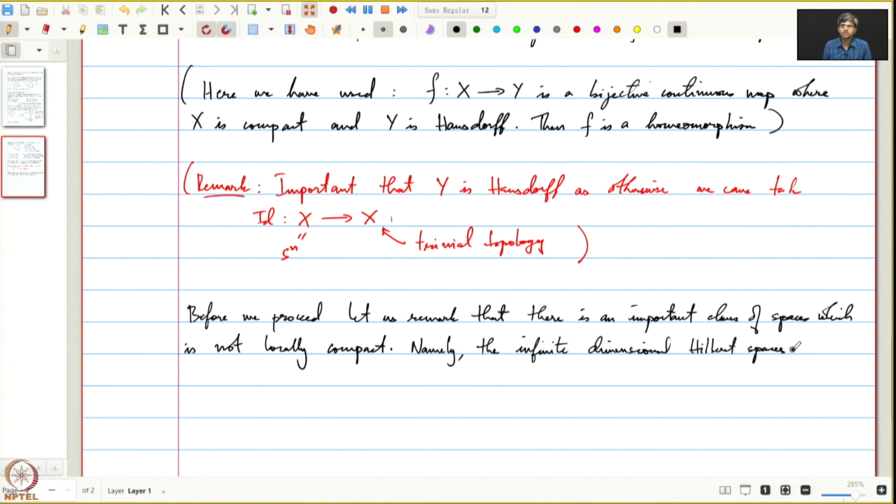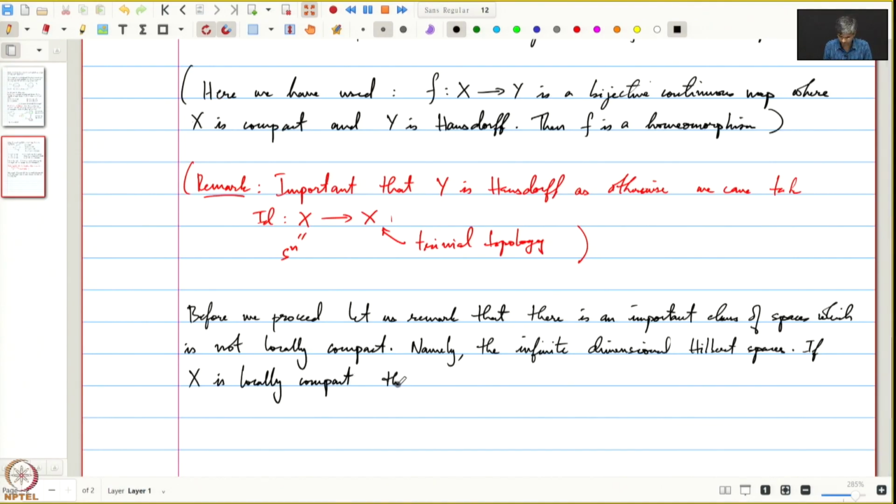So let's see, as an application of what we have learned, why this is not locally compact. If you don't know what Hilbert spaces are, you can just forget about this example.